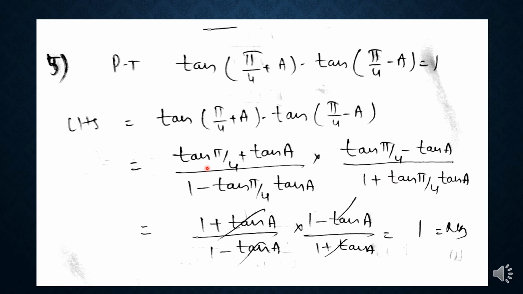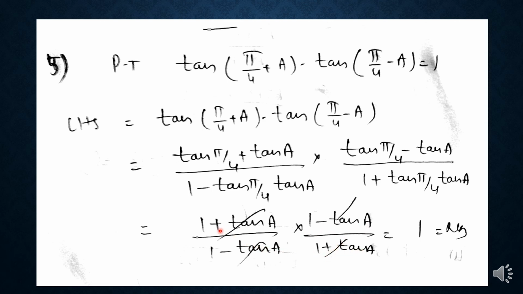So this is in the form of tan a minus tan b by 1 plus tan a into tan b. What is tan pi by 4? Tan pi by 4 is 1. So we get 1 plus tan a by 1 minus tan pi by 4 into tan a, that is 1 minus tan a, into 1 minus tan a by 1 plus tan a.